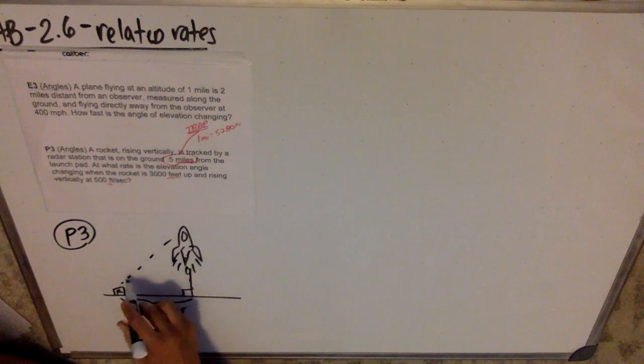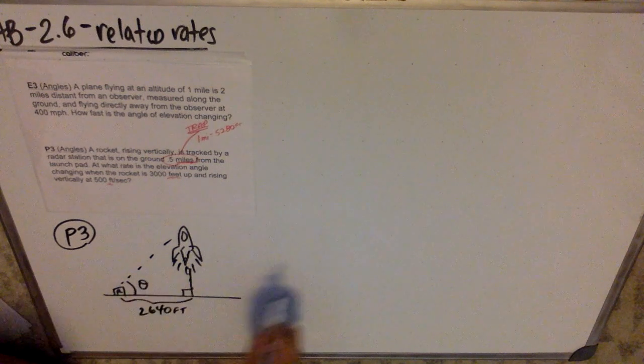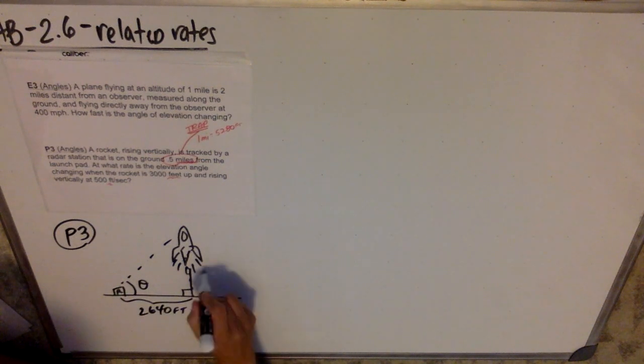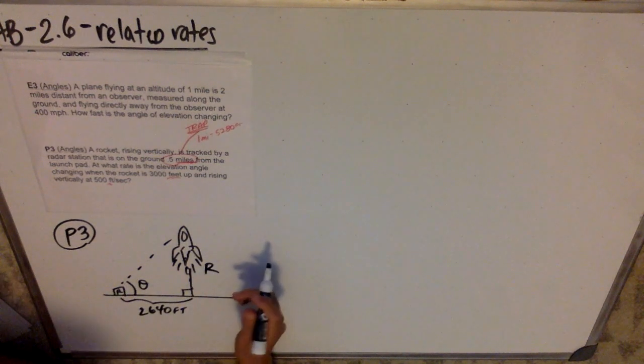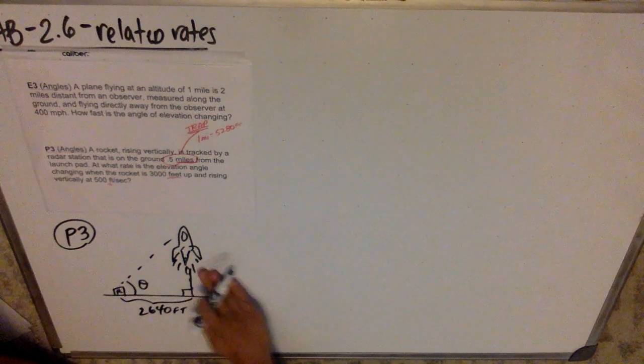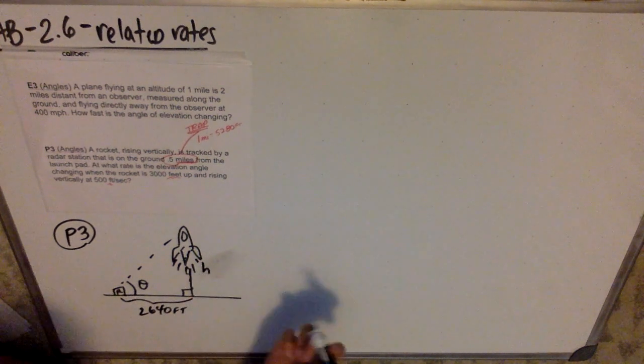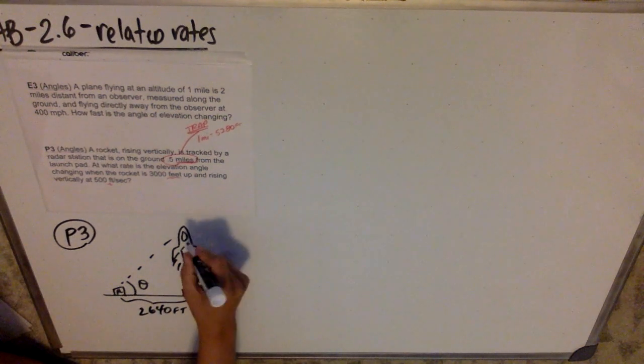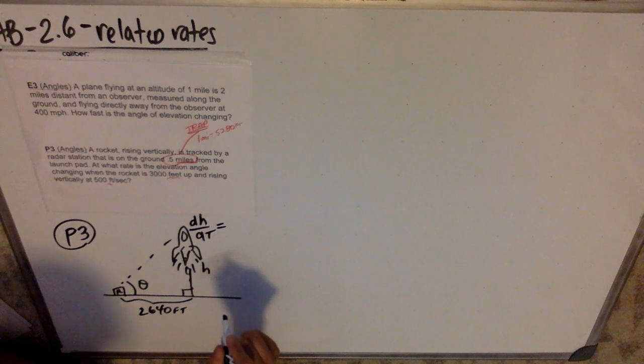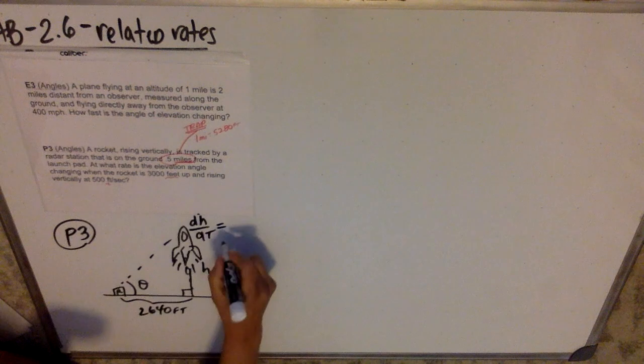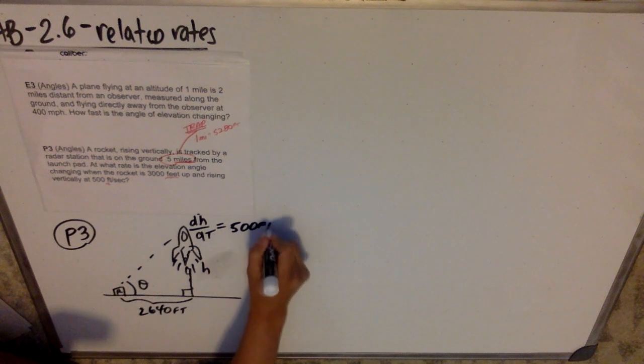You're looking up at the rocket. They ask about the angle of elevation, which is here. We know the rocket is changing. We'll use H for height of rocket, because I did say that it was a radar station. So H for the height of the rocket, and we're going to say that dH dt is, the rocket is rising 500 feet per second.